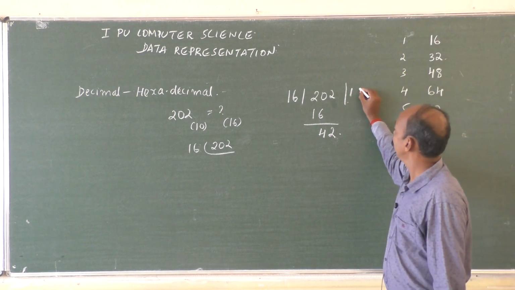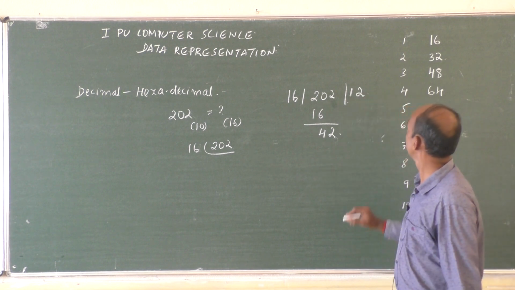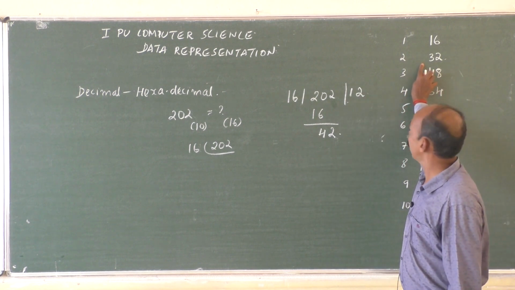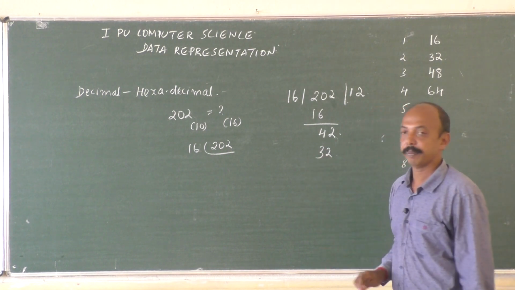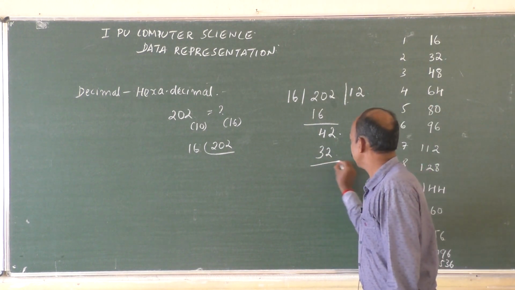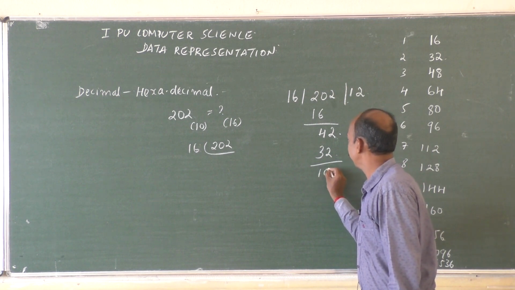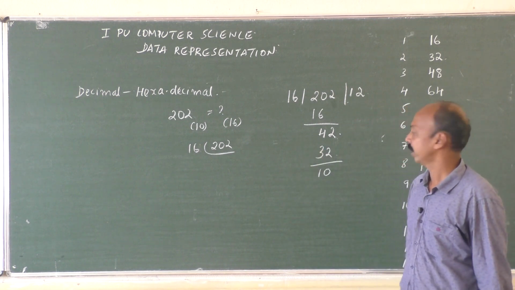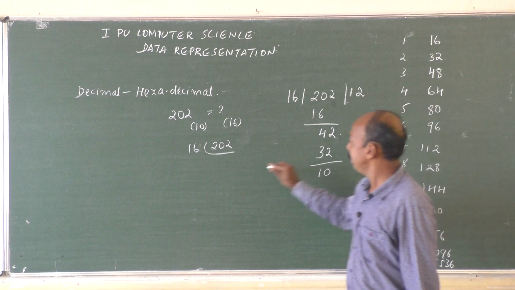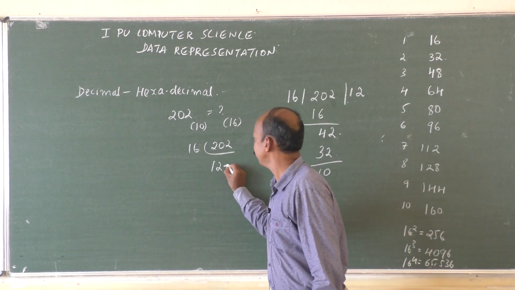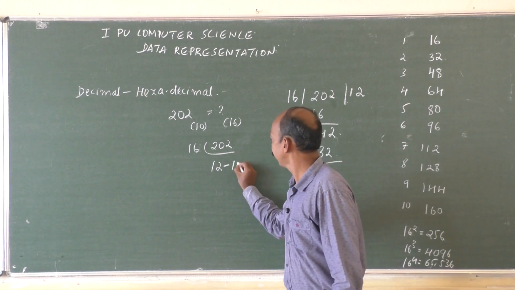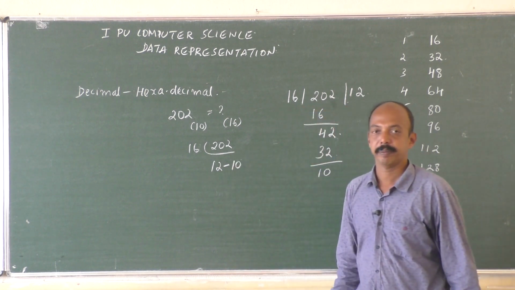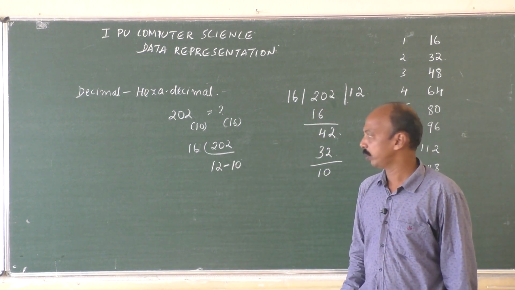So what can we write? 16 twos are 32. So it is 32 here. What is the remainder? It's 10. So the quotient is 12 and the remainder is 10. Then again what do we have to do?